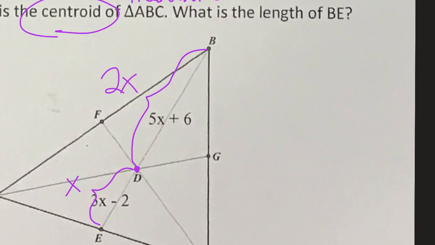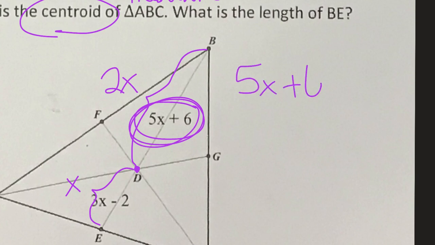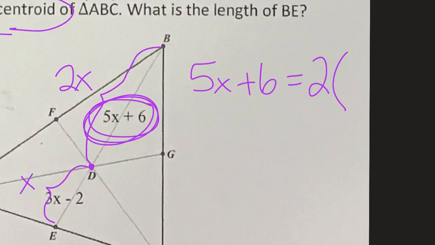So we can set up the equation, 3x minus 2. Nope, that's not right. So which one is longer? That's the question. Which one of these segments is longer? The 5x plus 6. And how much longer is 5x plus 6 than the other one? 2 times as long. Right?